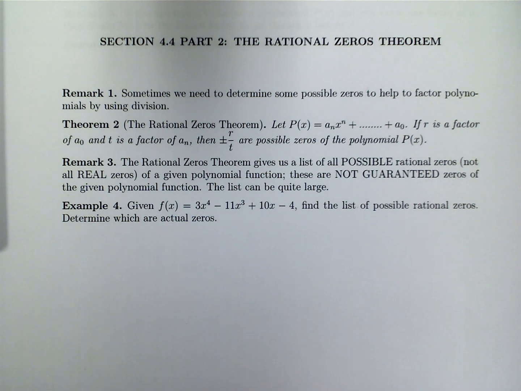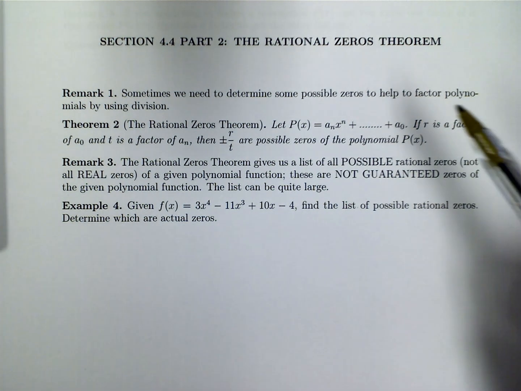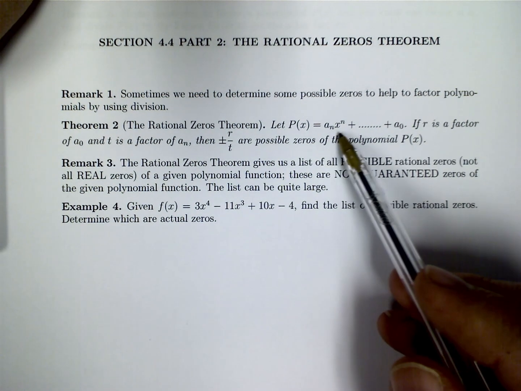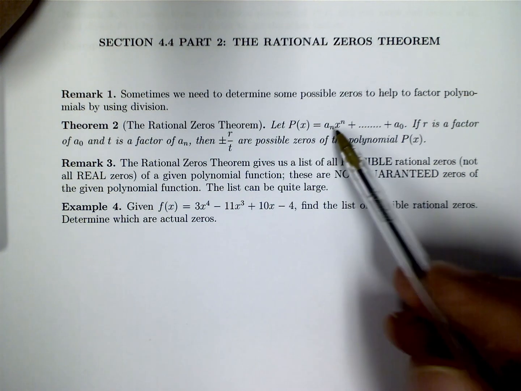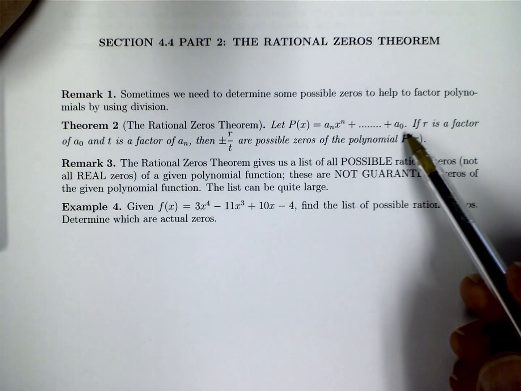Maybe the quotient we could factor more easily, but the limitation was that we had to know the factor ahead of time. So the rational zeros theorem gives us a way to possibly guess what those factors are ahead of time. If we look at the polynomial with the leading term a sub n x to the n, with the leading coefficient being a sub n, and the constant term a sub 0, or a naught, you may hear me say.